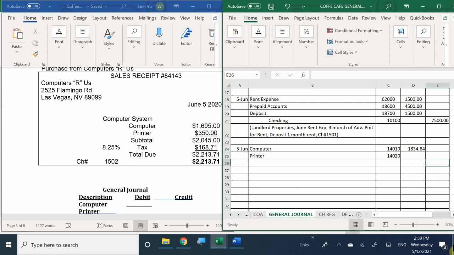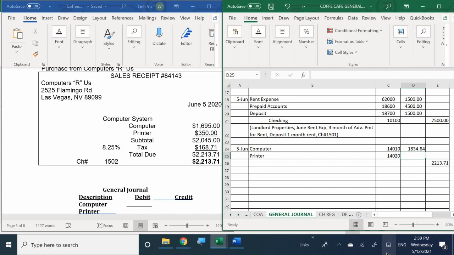So for the computer, I did the equal round like you did, and for the printer, I did the equal round just the same way, but my total is 1 penny off. And mine is 2. Exactly, because that's the thing about sales tax.